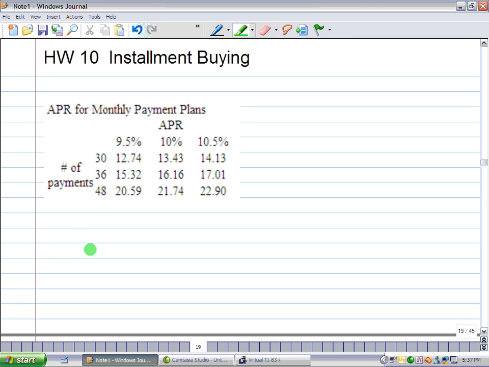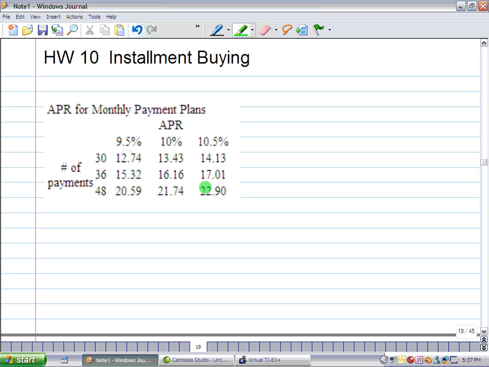These are monthly payments, so for example 36 monthly payments, 12 goes into 36 3 times, so that would be a 3-year loan. 48 payments would be 12 times 4 is 48, so that would be a 4-year loan. So often a car loan or something is like that.